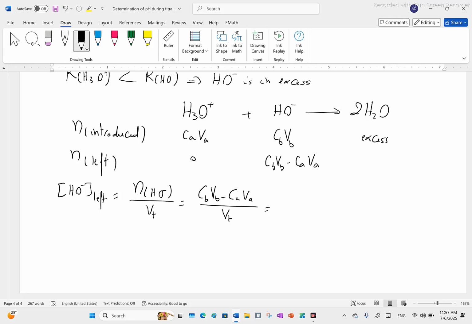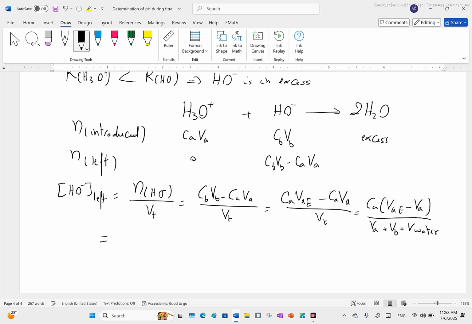Since at equivalence the number of moles of HO− introduced equals the number of moles of H3O+ added, we can say CBVB equals CAVAE. Then we can replace CBVB by CAVAE, minus CAVA over V total, equals CA common factor, VAE minus VA, over V total, which is volume of acid plus volume of base plus volume of water.